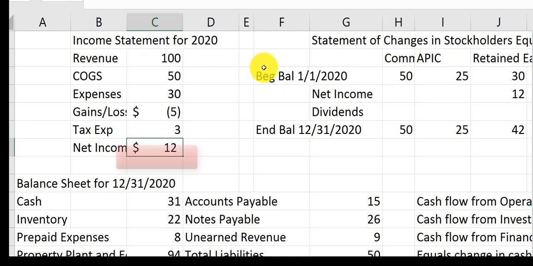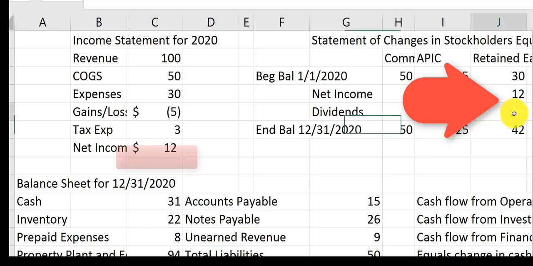But just like the income statement, they have a starting and an ending. However, we have a balance in here, and we note the changes. Notice this net income that got earned during 2020 becomes the change in retained earnings from the beginning of the year to the end of the year.